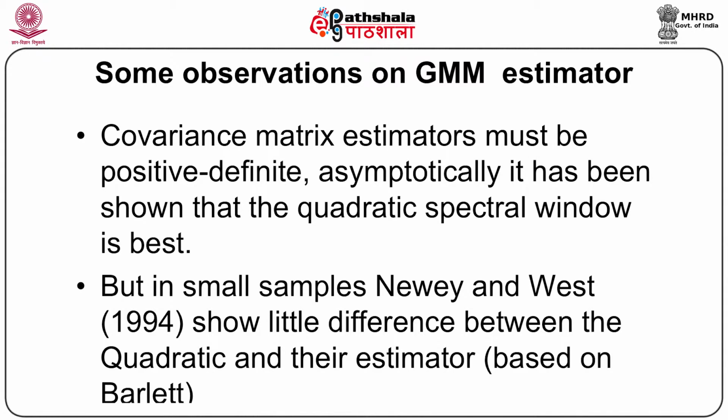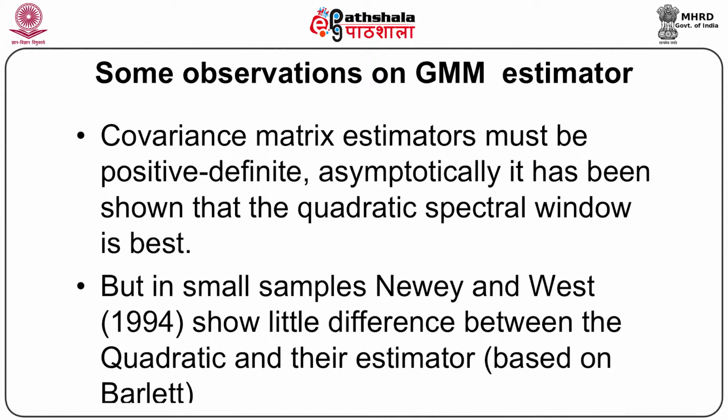Now, let us note some useful facts about the estimation process. The covariance matrix estimator must be positive definite, asymptotically true, and it has been shown that the quadratic spectral window is the best.